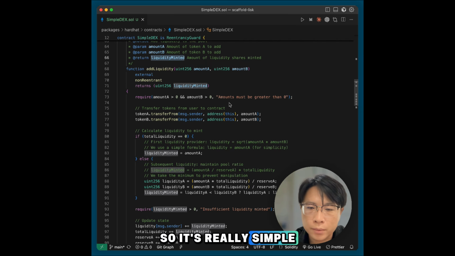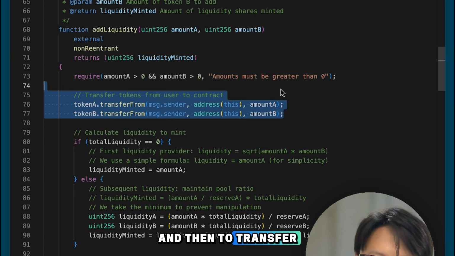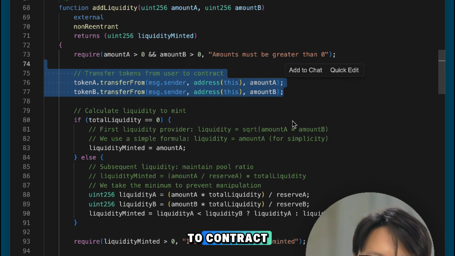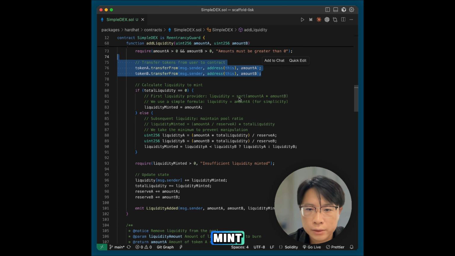It's really simple: we require that no amount is smaller than zero, then we transfer the tokens from the user to the contract, and then we calculate the liquidity to mint.